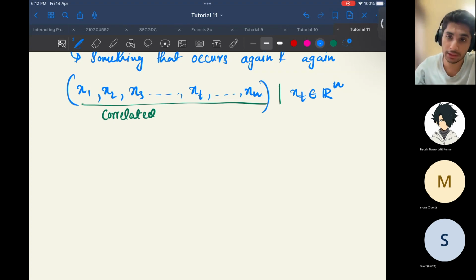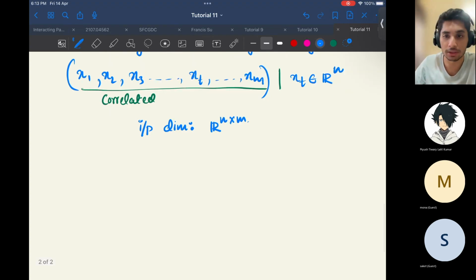In the case of sequential data, this sequence is my input. So maybe let me change this to R^m. So what will the input dimension be here? It's not just R^n, it's R^n and there are m such inputs. So it's R^(n x m), like a matrix or something. That is the dimension of the input.